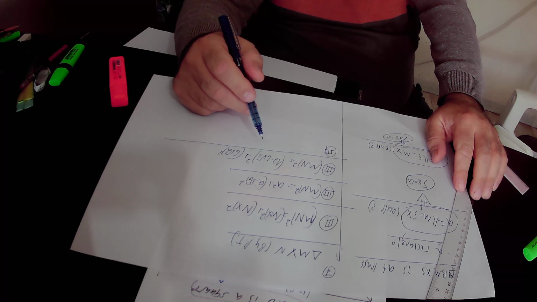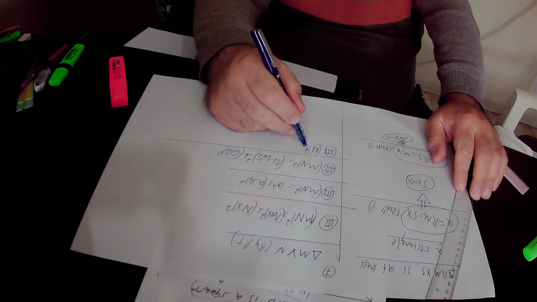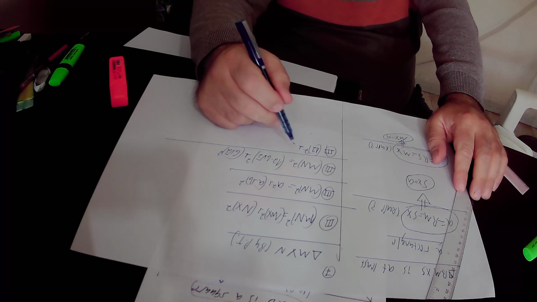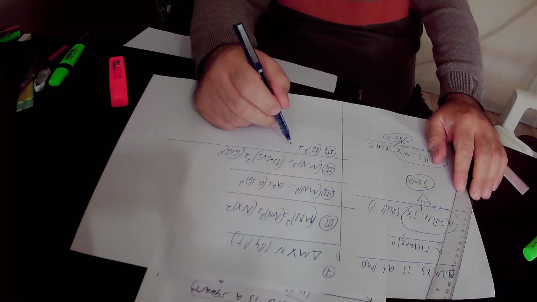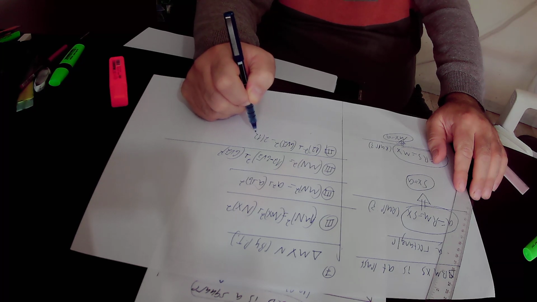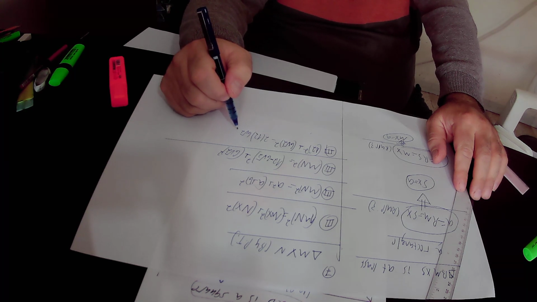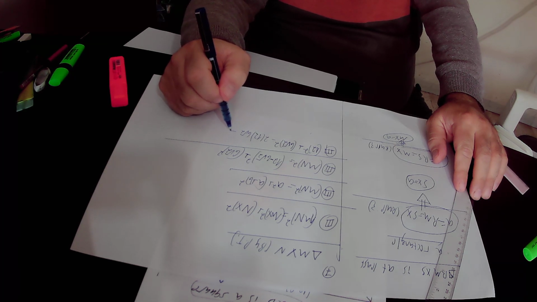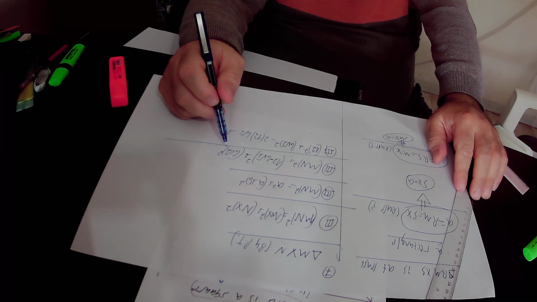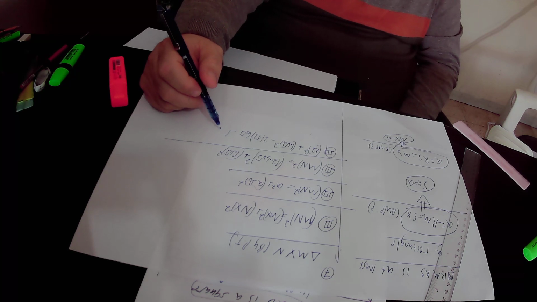A minus B squared equals A squared, that is 12 squared, plus B squared, that is plus 6 times square root of 2 squared, minus 2 times A times B. 6 times square root of 2 squared: 6 squared is 36, square root of 2 squared is 2, and 36 times 2 is 72.